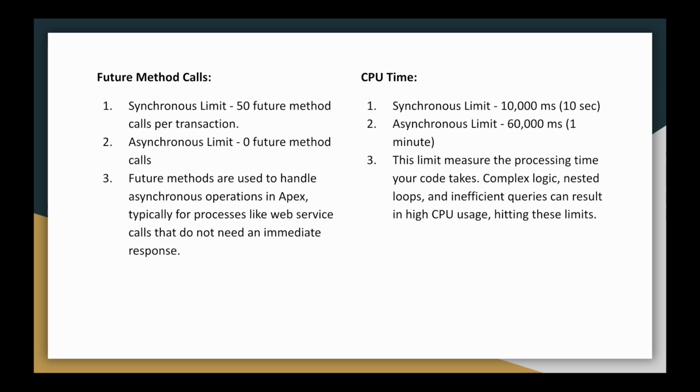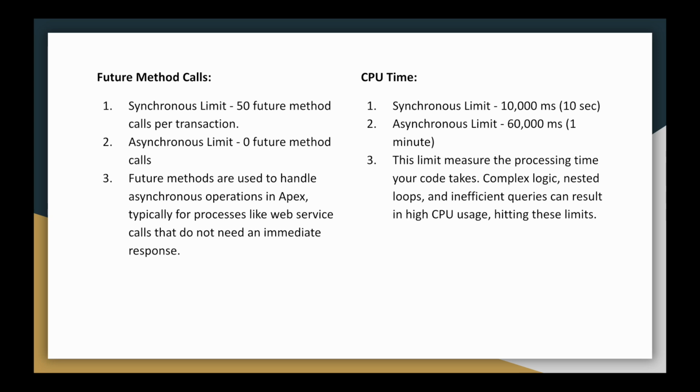Future methods are used to handle asynchronous operations in Apex, typically for processes like web service calls that do not need an immediate response. I guess you understand what an asynchronous operation is: it runs in a separate thread from the synchronous operation, does not interfere with it, and returns a response in its own time.